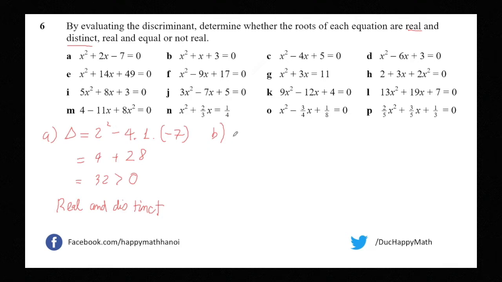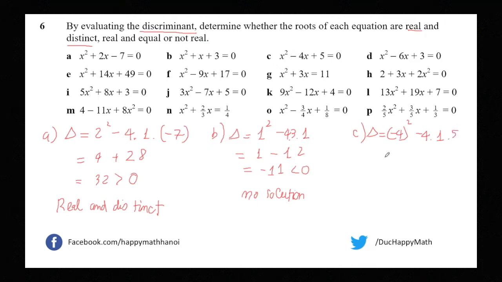Okay, question B. b squared minus 4ac is 1 squared minus 4ac. So 1 minus 11. This discriminant is less than 0, so this equation has no solution. Question C. You have delta equal to minus 4 squared minus 4ac. So 16 minus 20.